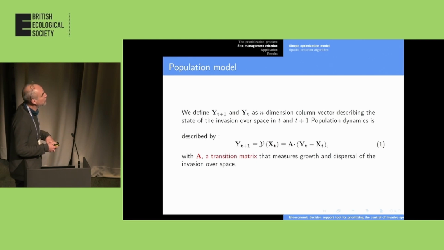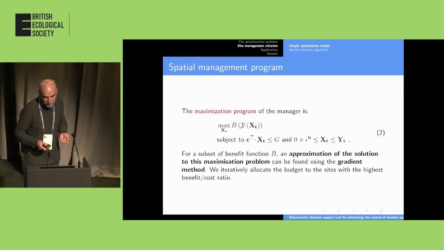So if you control the invasive species in area I, obviously the prevalence of the species will be reduced in area I, but it will be reduced also in all areas connected to I.